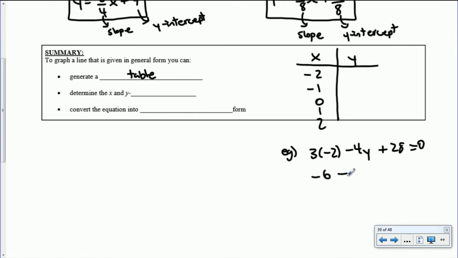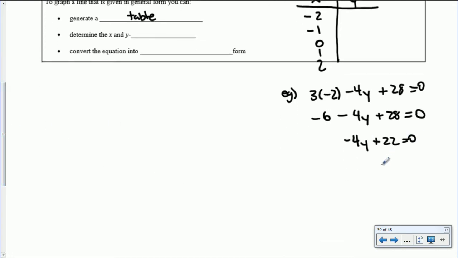Negative 6 minus 4y plus 28. 28 subtract 6 is 22. And then we could do 22 equals 4y, so I just brought that to the right.